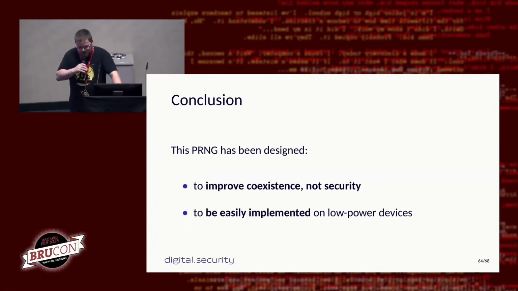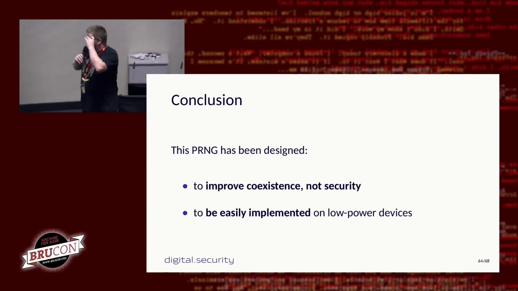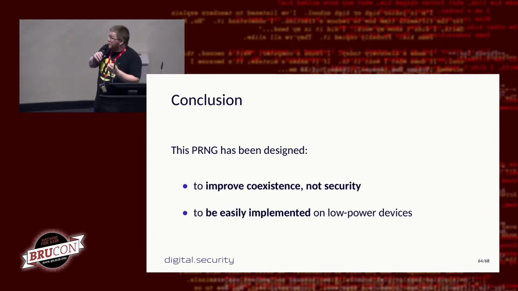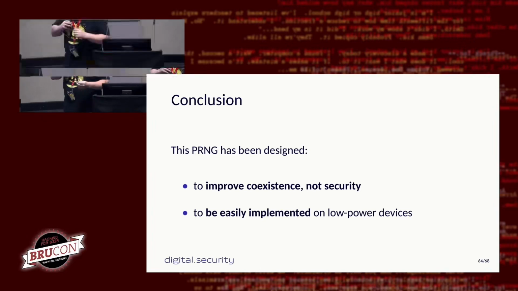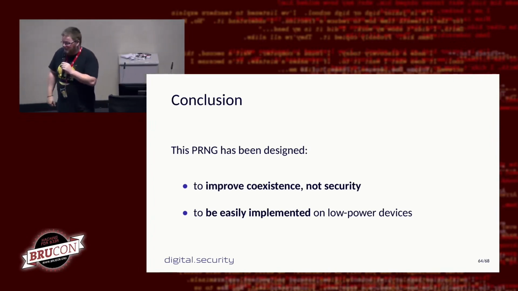But just to put everything in context, the Bluetooth SIG, the working group that created this version of the protocol, introduced this PRNG just to improve coexistence. That means they don't expect any kind of security improvement from this.